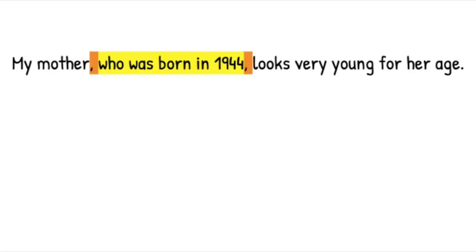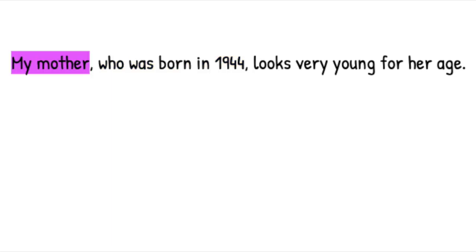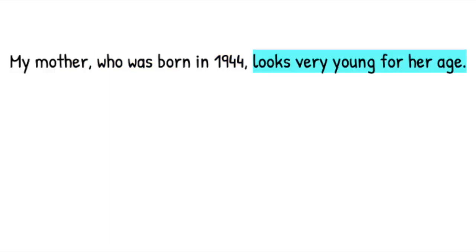As you can see, I've highlighted the commas in orange. The relative clause ends as it started with a comma. Then the final part of the sentence adds some detail to the opening noun. So the noun is my mother, and looks very young for her age adds extra detail about the noun, and finishes with a full stop.